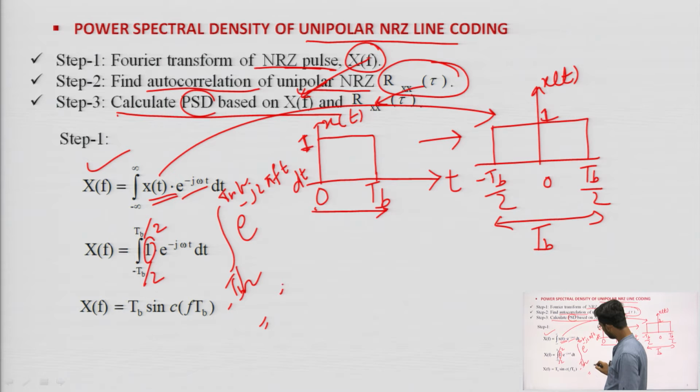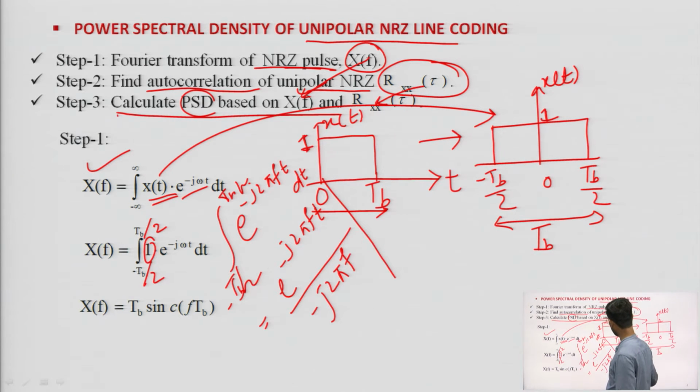So I will get e to the minus j 2 pi f t divided by minus j 2 pi f, with the limits minus TB by 2 to plus TB by 2.